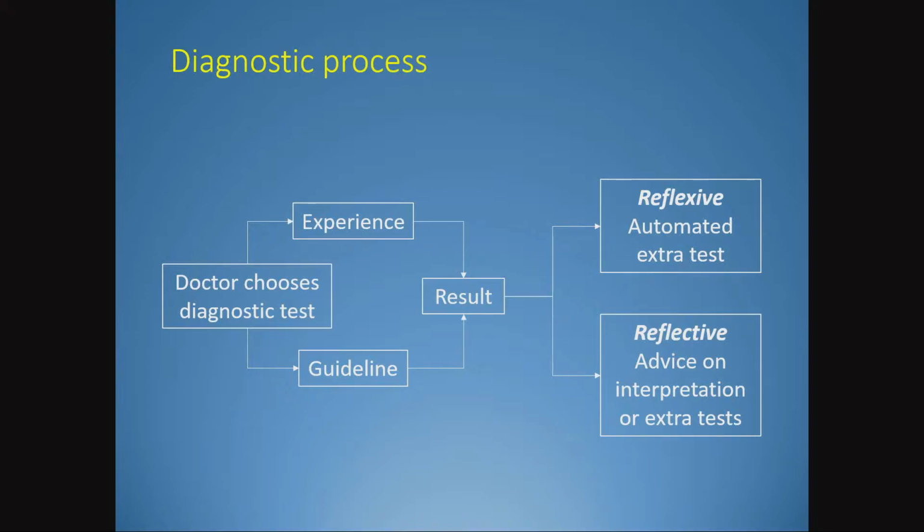This is really an issue only for clinical chemistry and hematology. If you send a colon cancer to a histopathologist, he doesn't send you a photograph back of what the histology looks like. He interprets it for you. If you send a sample to a microbiologist, you expect the microbiologist to do the culture and then the sensitivities, and may even ring you up or go to the ward and say, this is the right antibiotic to use, it's against all the standards and guidelines, but this is what I would recommend.